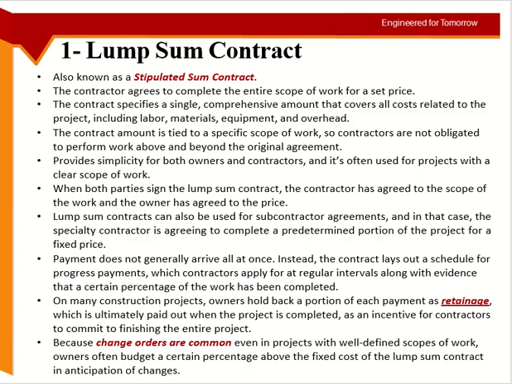Clear? Change orders are initiated when you want to change something in the scope of work. It can be from any side. The client may say, I don't want this, I want this, I want this one extra.